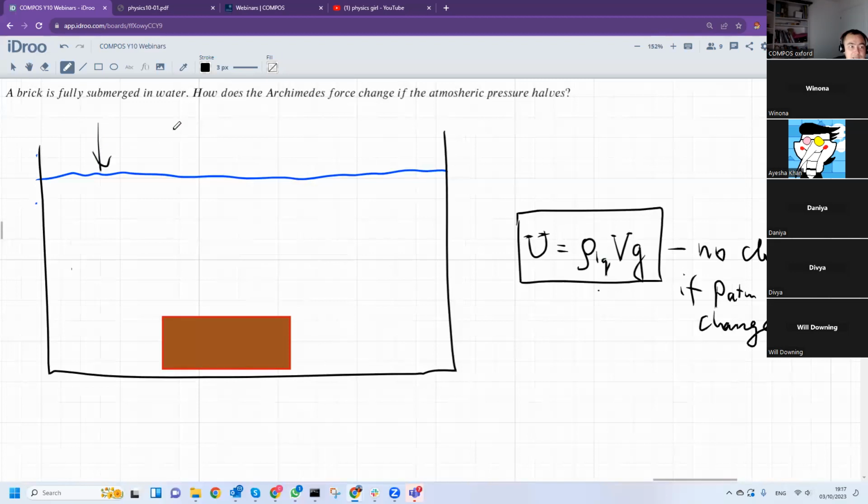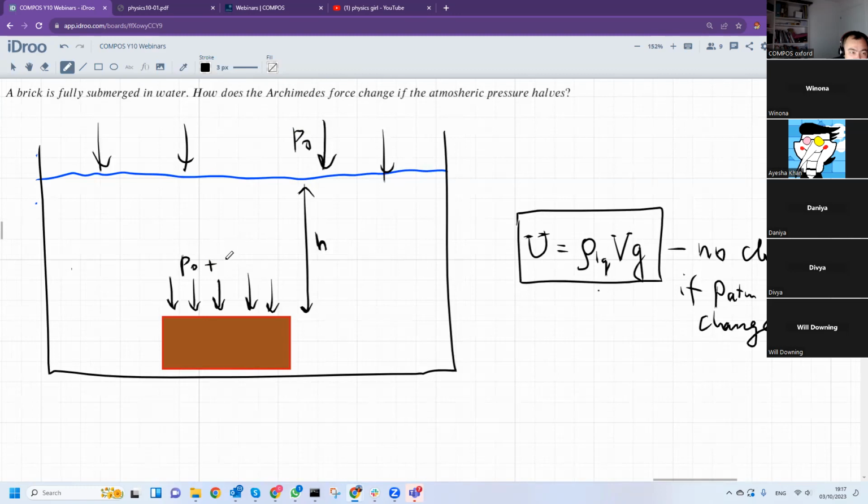So we have the atmospheric pressure. Let's call it P0. And the pressure on the top, as we have already discussed, where h is the height of the water, is the atmospheric pressure plus rho g h.